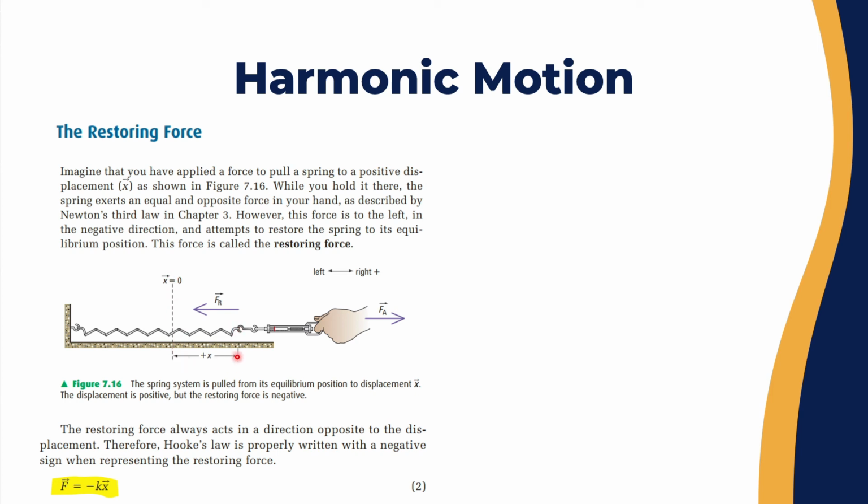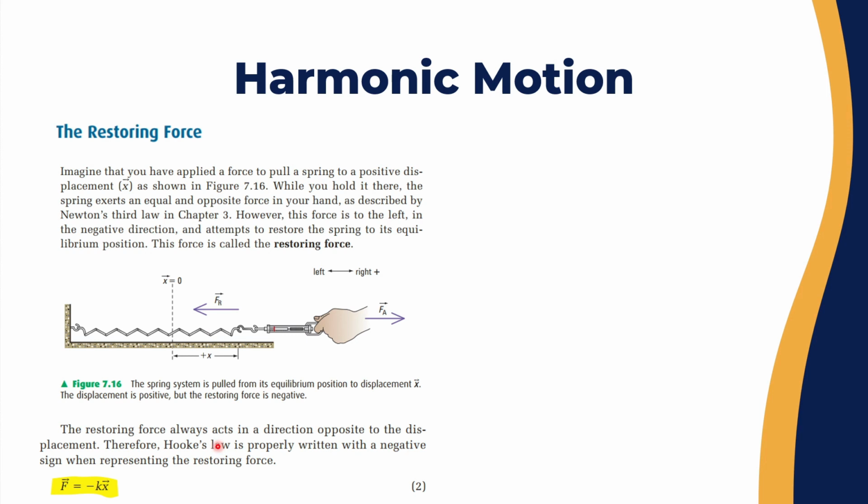The new displacement is right here to the right-hand side. You draw your convention: which way is right, which way is positive, and which way is negative. Positive is to the right in this case. As you pull with Fa, there is a force called F return. That's what you can call the tension of the spring, trying to bring it back to its natural position and maintain equilibrium.